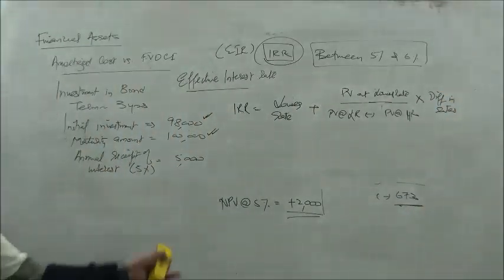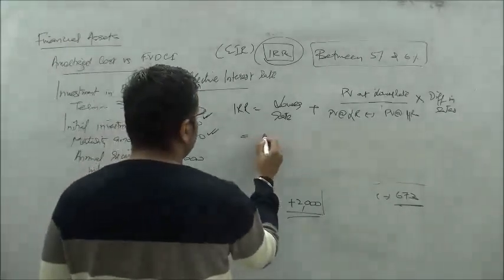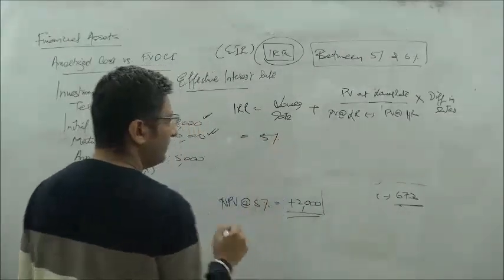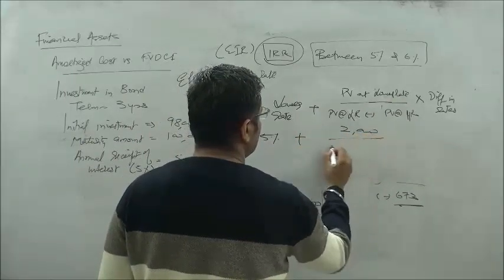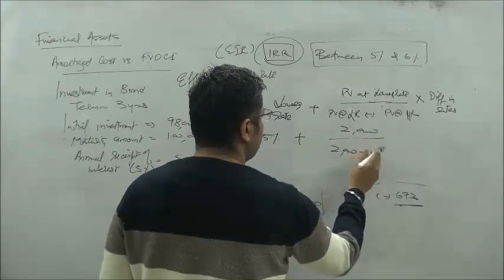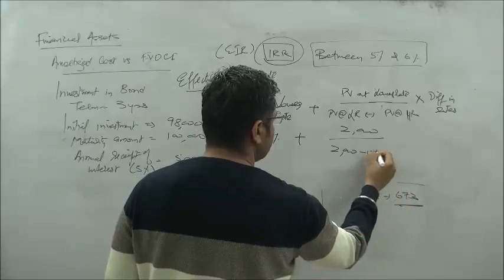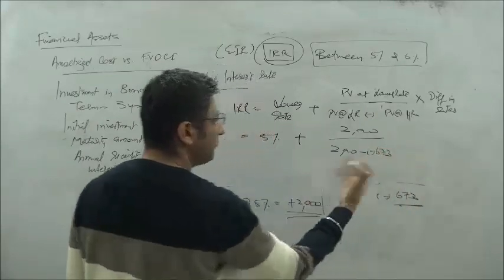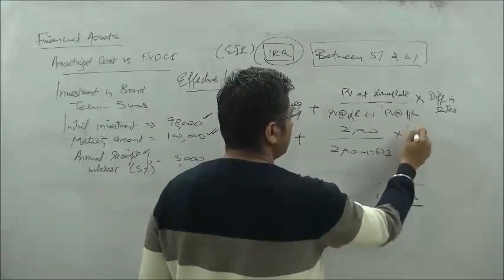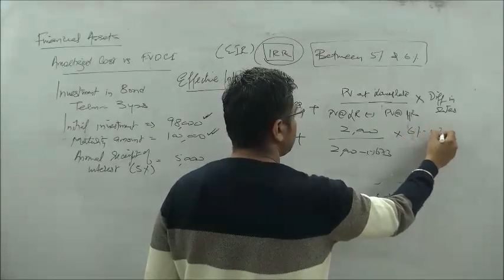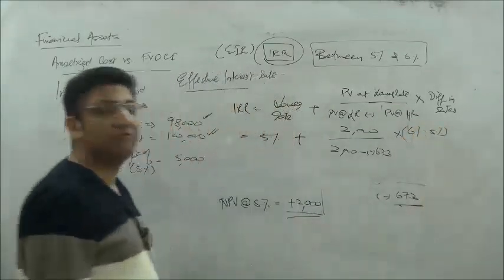Okay, so when I plug in this value, my lower rate is 5%. Okay, my present value at lower rate is 2000. This is 2000 minus of minus 673, which becomes obviously positive 673, and the differential is of course 6% minus 5%, that is 1% here.